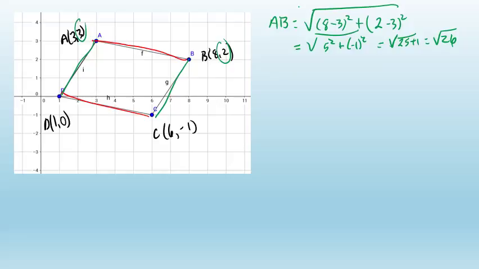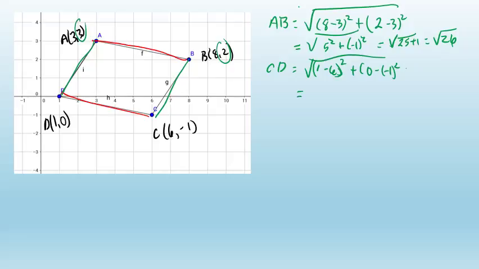All right, now let's look at CD. We're hoping that if it is a parallelogram, we should get the square root of 26 for the distance of that. So D is going to be our 2 coordinates, and C is going to be our 1 coordinates, and so we've got 1 minus 6 squared plus 0 minus negative 1 squared.